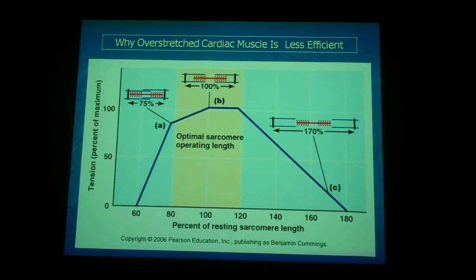This is what happens in congestive heart failure. And it's not always on the left side? It can be. It typically is usually in the left side, but you can have failure on the right side too.